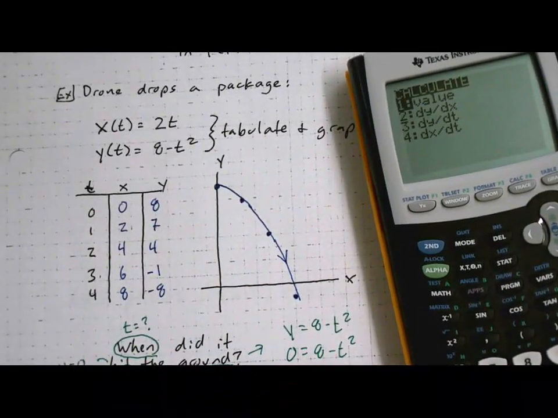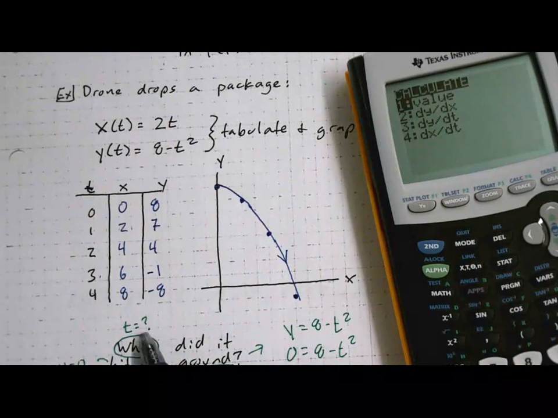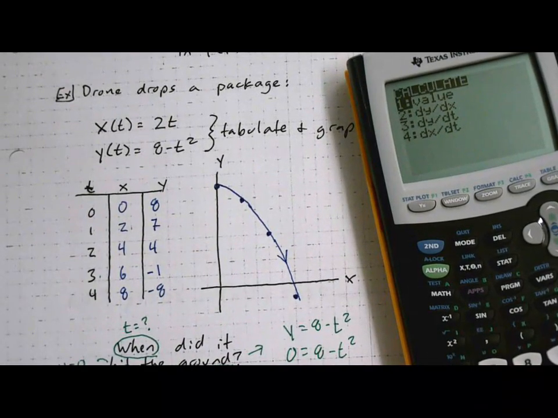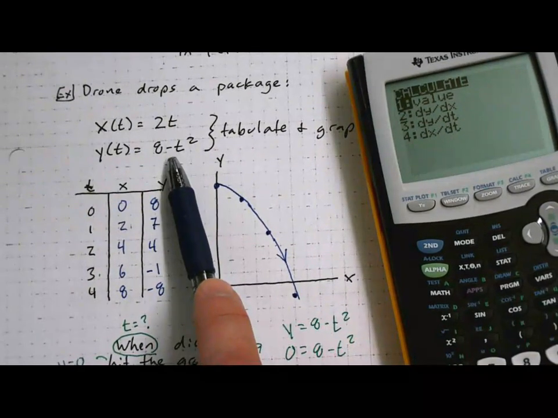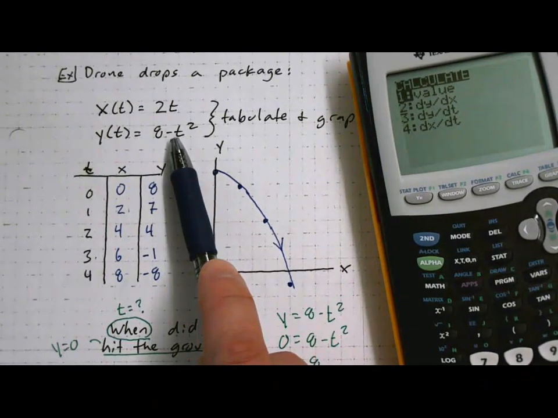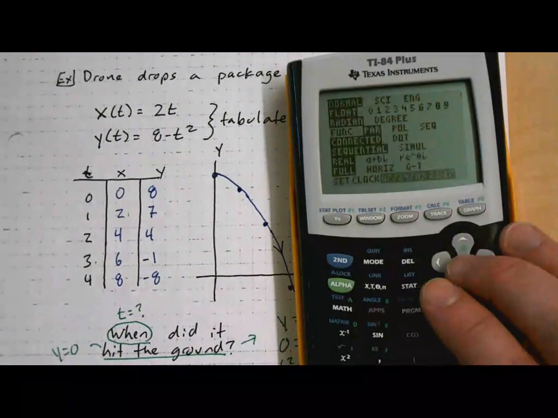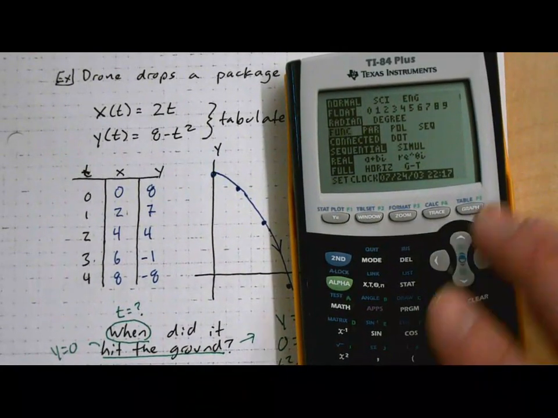So it's really important that when you read a question, you ask yourself, what variable is it asking me to find, and which equation is going to help me find it? We know that we're trying to find t, and we know that we're going to use the y equation, okay? So go ahead and, in your calculator, go back to your mode and switch back to function mode.